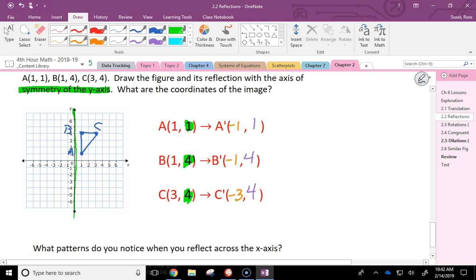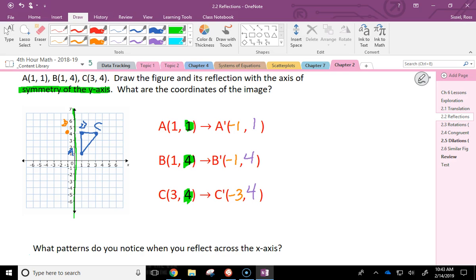We check on here. Here's B. I'm going to do just B. Doesn't matter what order. B was up 4, but it was over 1, so I'm going to be over 1. That should also be B. I should probably move this B over some more. Okay, C was 1, 2, 3.